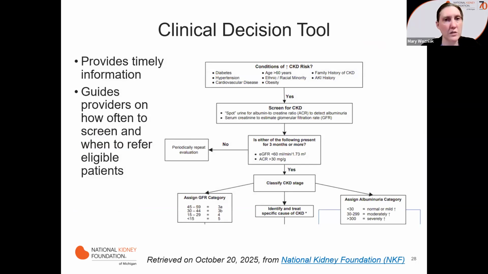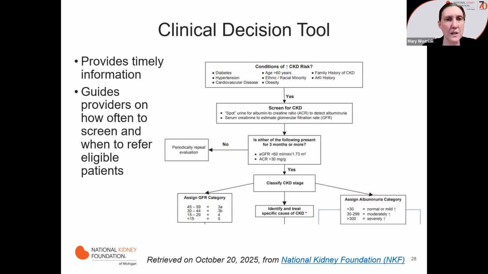So I wanted to share a clinical decision support tool that can often be built into an EHR. It takes a little more manipulation with your data team or your HIT team. This one comes out of the National Kidney Foundation and is based on the KDIGO chronic kidney disease treatment guidelines.